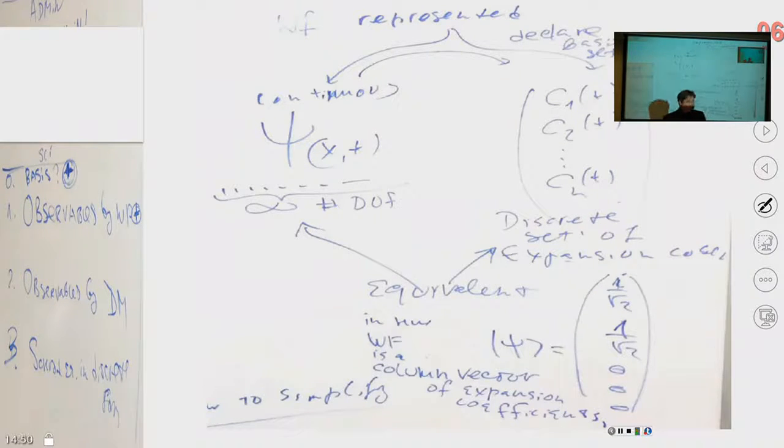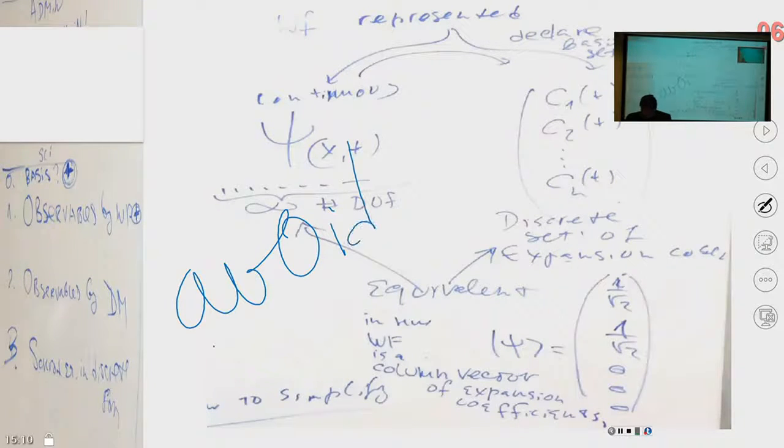Everything can be done in the basis of these expansion coefficients, not touching the continuous wave function at all. So this is a protocol for those who hate differential operators. There is a way to avoid differential operators.